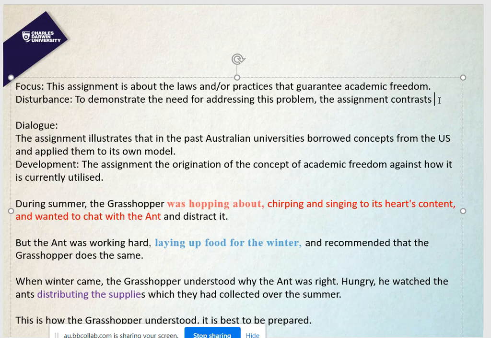Something must have happened that made you think that there is a need for it. So to demonstrate the need for addressing this problem, the assignment contrasts how these expectations have changed. Something you are contrasting: the basis of freedom of speech, when it was conceived, to how it is implemented today.